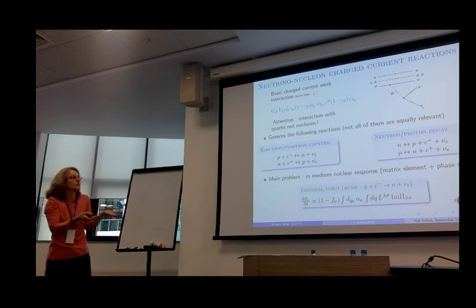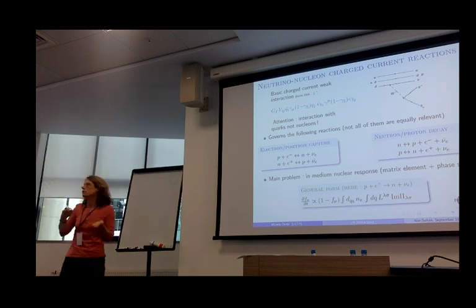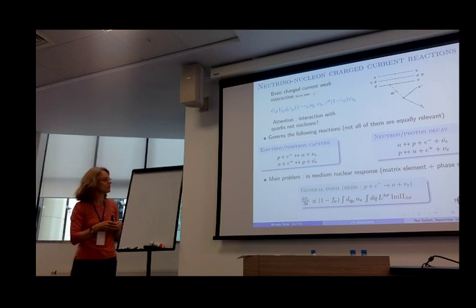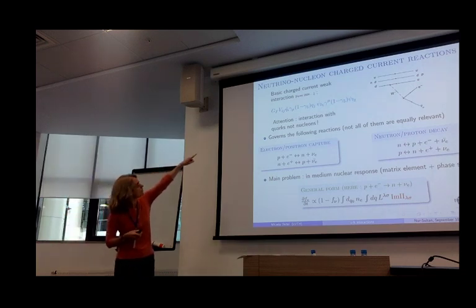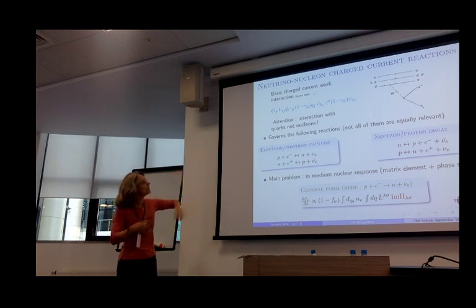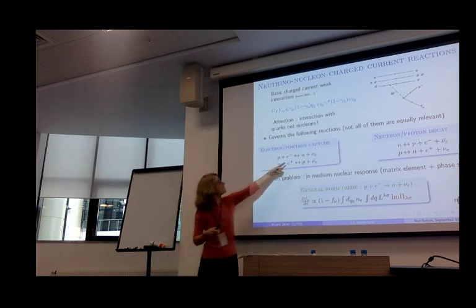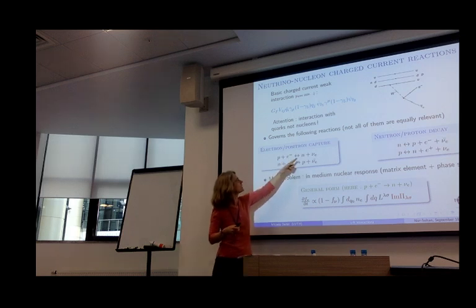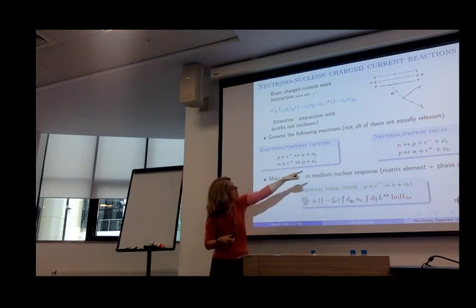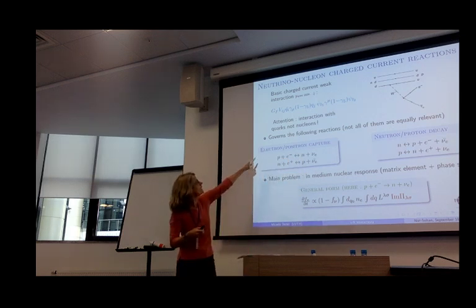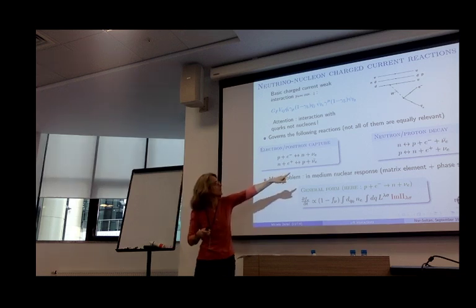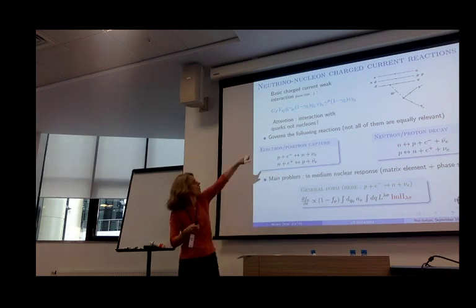But here the important point is, the basic interaction is on the quark level, but we need the interaction with the nucleons. So this type of interaction term governs all these types of reactions, where of course you have the reaction itself, so electron capture, and you have the inverse, and you have also the electron and positron capture reactions, and neutron and proton decay, and they are all governed by the same type of interaction.